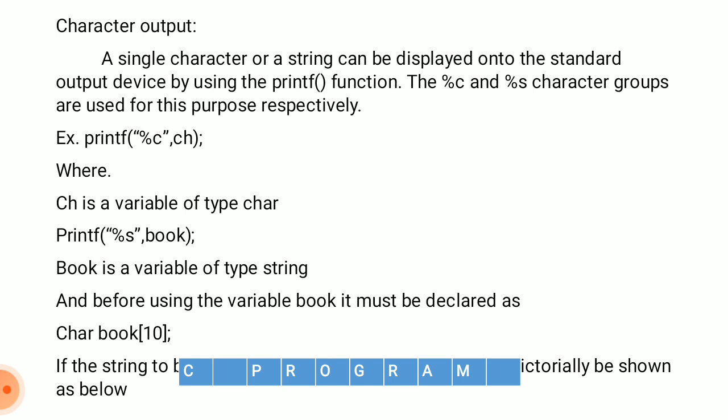If you have taken 20, then a maximum of 20 characters you can print. If the string is C program, then within the 10 characters it will print like this: C, blank space, program, and the last one is a blank. So this is a pictorial representation of how the characters are printed in a printf statement.